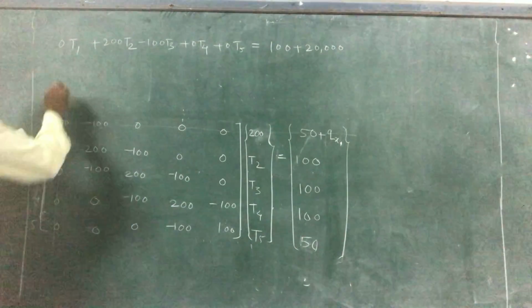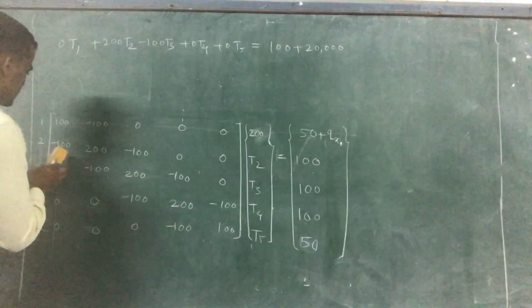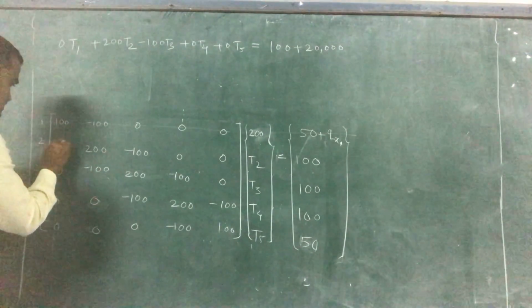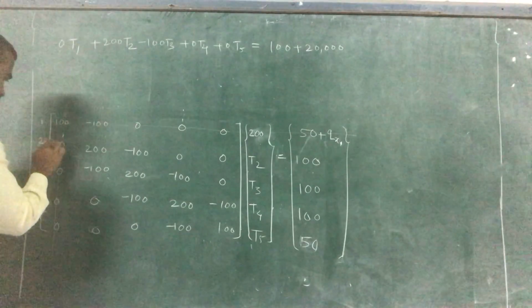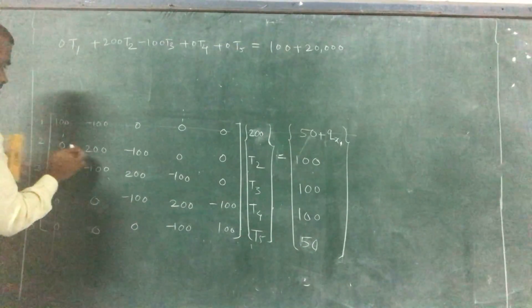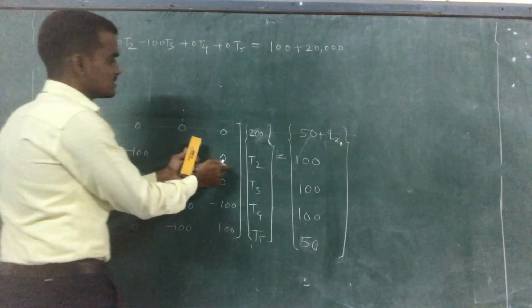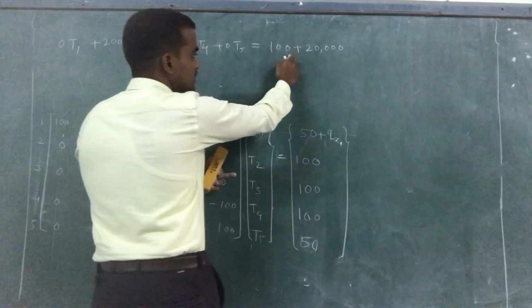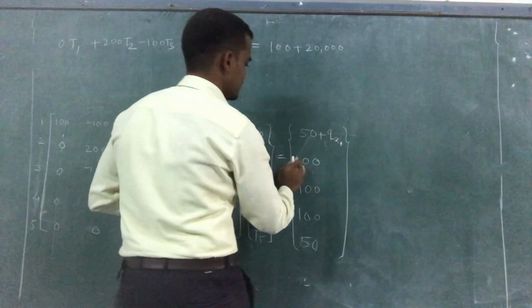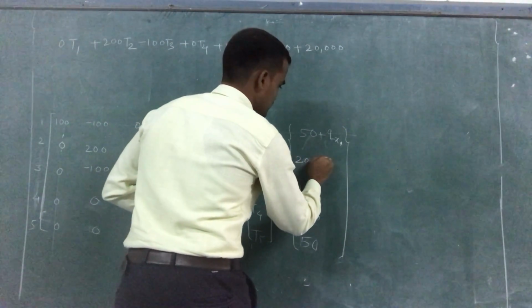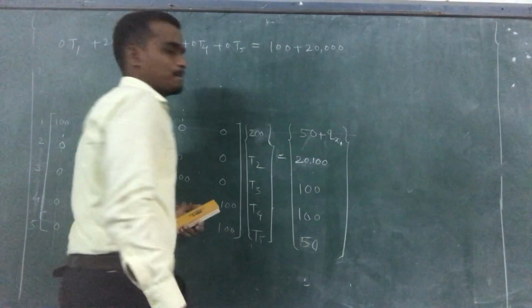So finally this will become 0 times T1, 200 times T2, minus 100 times T3, 0 times T4, plus 0 times T5, is equal to 20,000 plus 100, that is 20,100.